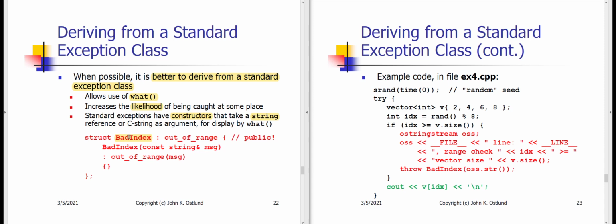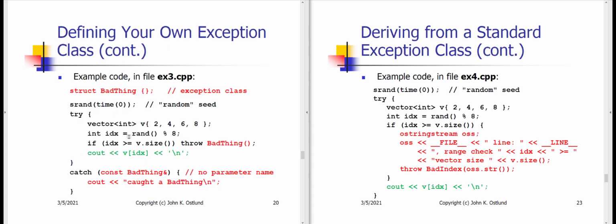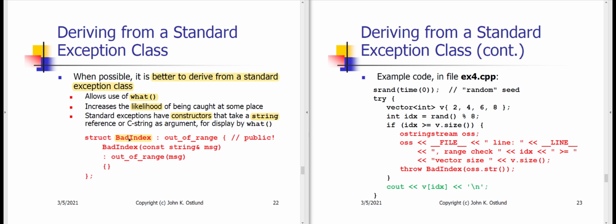Previously we had just plain old bad thing, which didn't have any data members, member functions, or constructor, anything useful. This time we're defining bad index, which is a variation on the out of range standard exception.